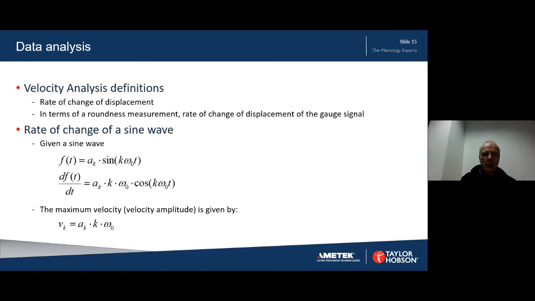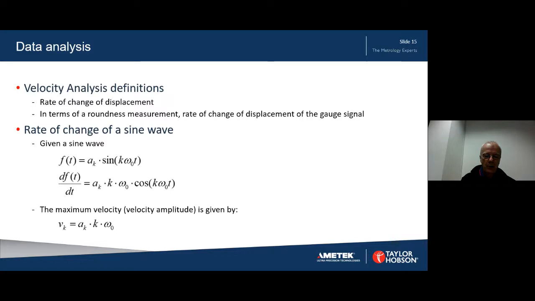Having transformed the data into its Fourier components, we have a set of displacement amplitudes for each of the harmonics. To convert this into a set of velocity amplitudes requires a little bit of mathematics. We can operate on each of the sine waves independently.